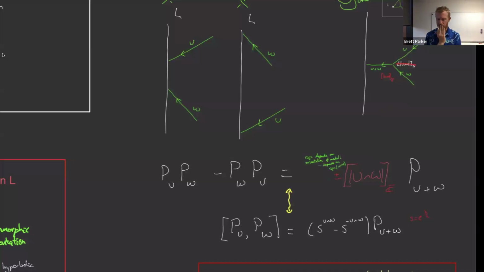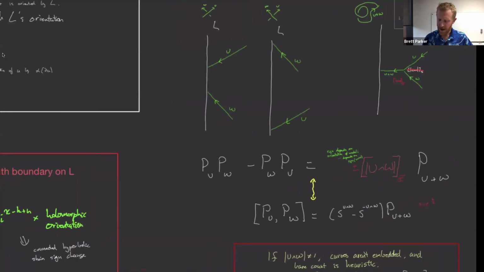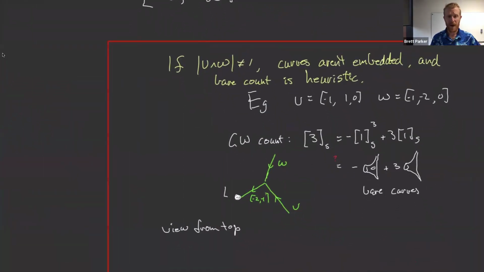Okay, so I should say that if V wedge W is 1, then these curves are embedded and you can do Baire counts and everything is good. If V wedge W is not equal to 1, these curves aren't embedded, and the Baire count, let's call it, is heuristic.